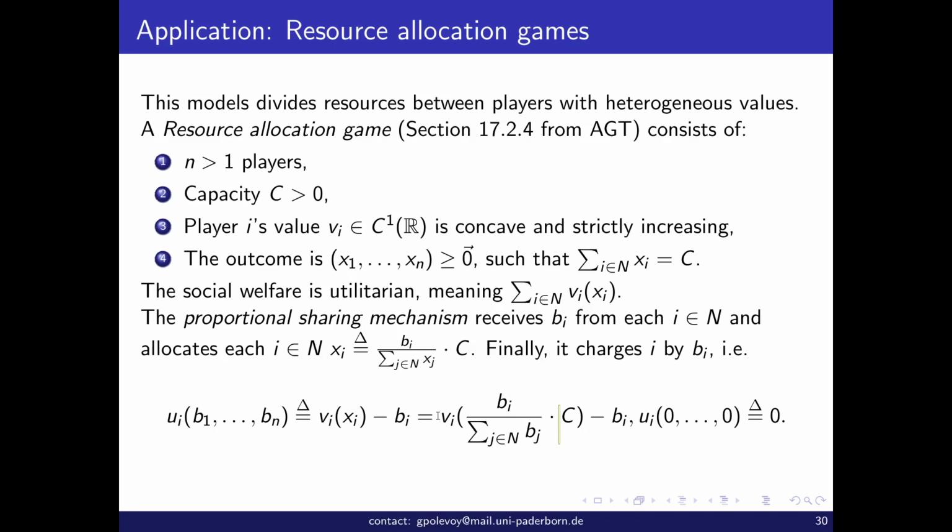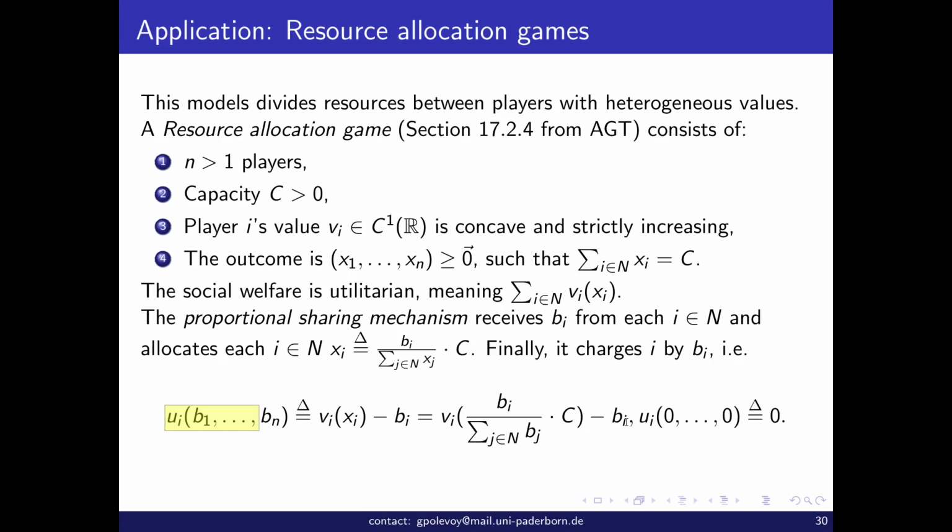Now the value of that player is Vi of that value, so it depends on the function Vi, and the utility is Vi minus bi. So the player pays the bid. You say that you want that, you get the value which is proportional to what you say, and you pay. The more you claim, the more you have to pay.